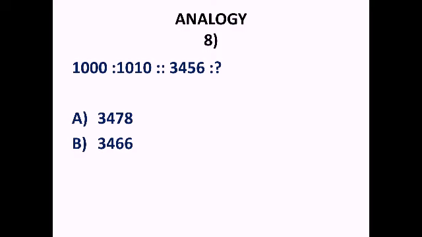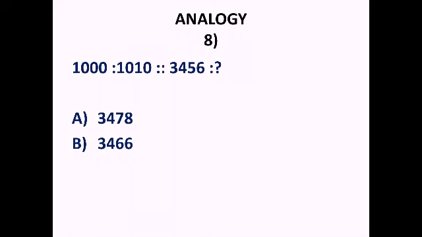Either you have to multiply something with 1,000 to get 1,010, or subtract something, or you can add something to 1,000 to get 1,010, or you can divide. These are the basic operations that you have to apply and check how we are getting the second number, that is 1,010, in the first set.